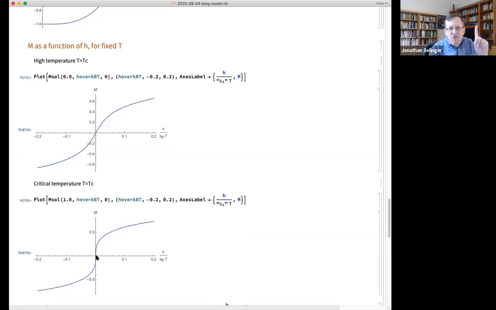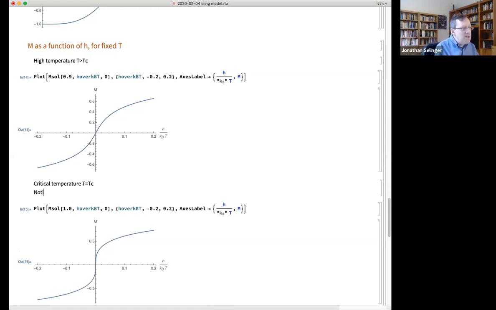That means the plot is vertical there. If you keep reducing the temperature until you get right to the critical temperature, you get an infinite slope. That is, the magnetization is infinitely sensitive to a tiny little applied field. So I'll say, notice infinite slope at h equals 0.